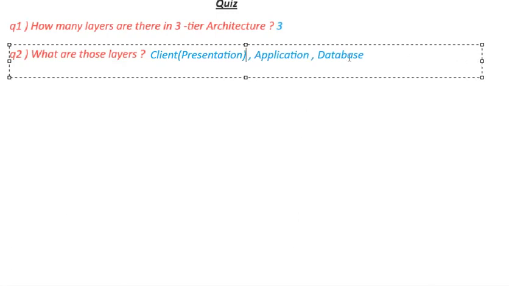How do developers call the application layer, sir? The application layer is called the business logic layer, or the business layer. And the database layer is called the DB layer. Since it is a database layer, they call it the DB layer. So in this way, they call these layers.